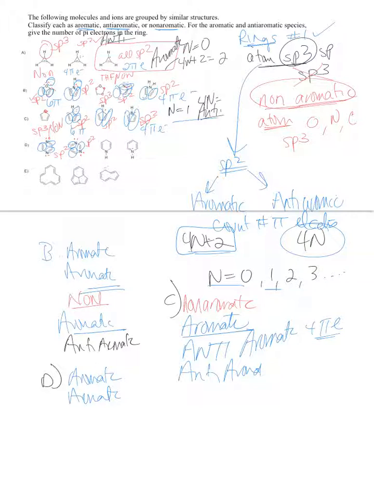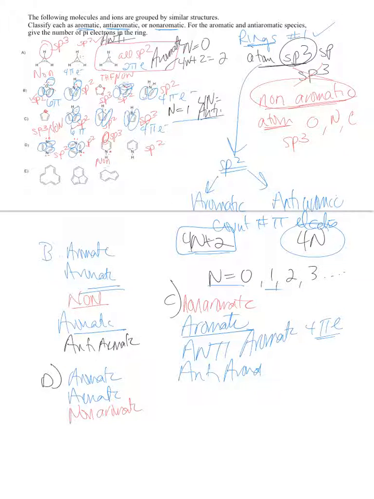The next one, we got nitrogen with 3 bonds. Let's draw in our lone pair. Do you see that is an sp3? That's going to be non-aromatic. So non-aromatic. And the next compound here, everything is sp2.